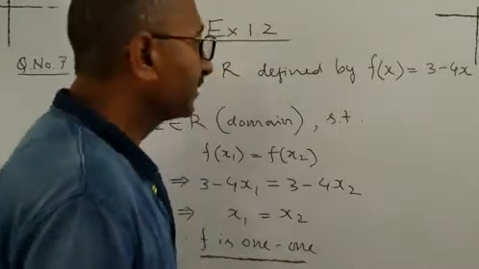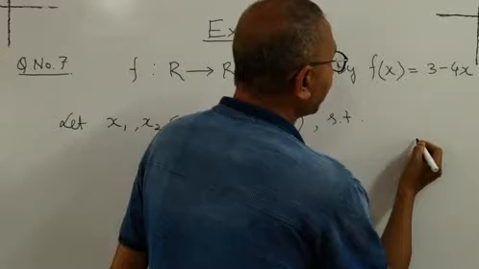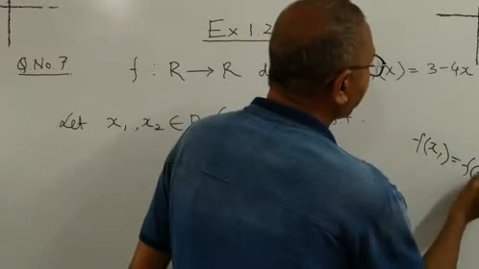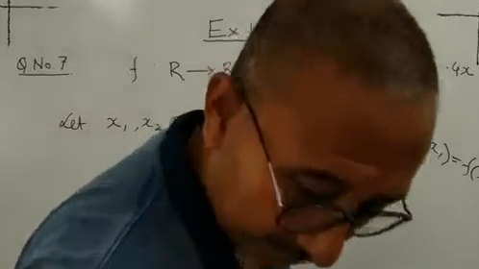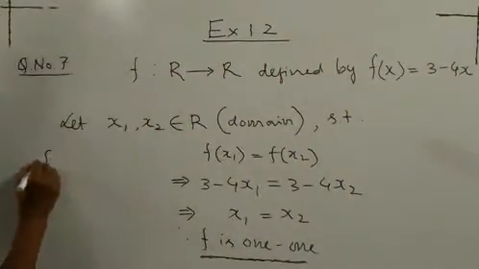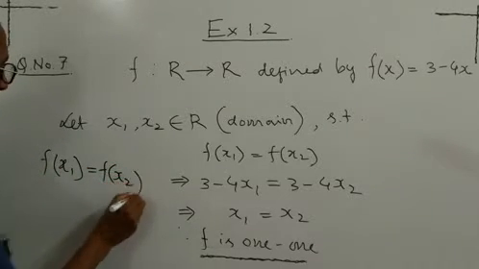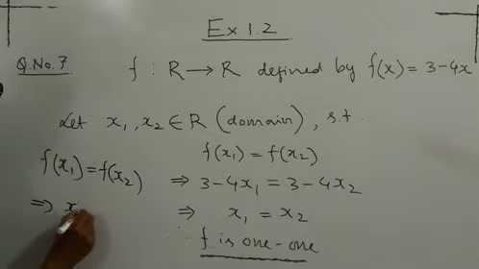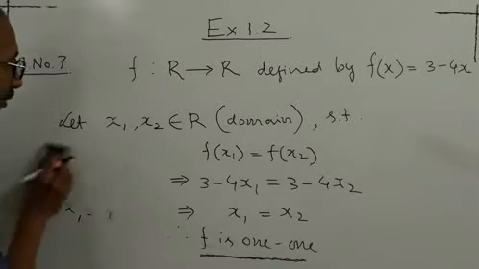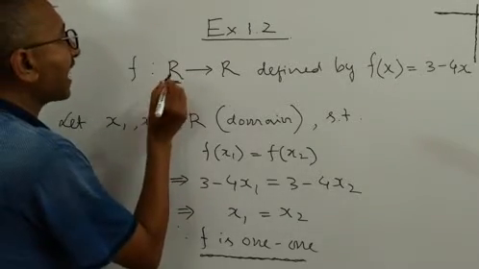It says that a function is said to be one-one if f(x1) = f(x2) implies that x1 = x2, then we can say the function is one-one.